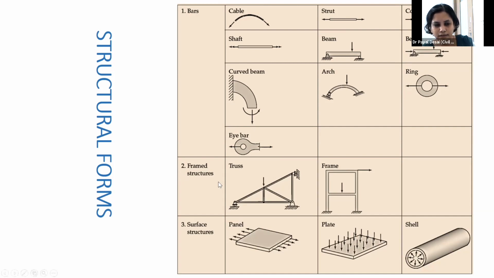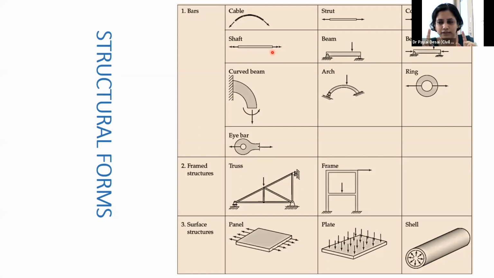Among these, the simplest one is the bars and the beams. In these bars and beams, one dimension is much larger as compared to the other dimensions.